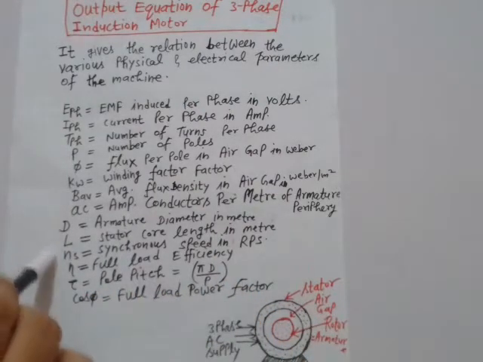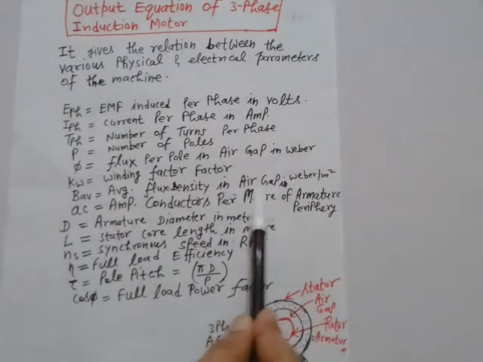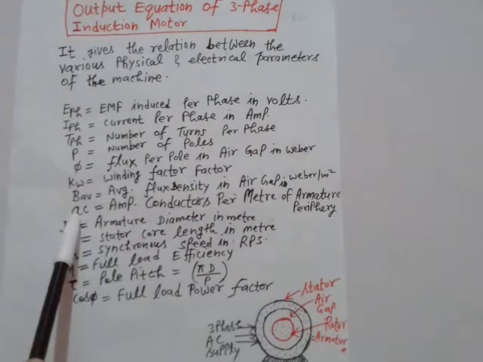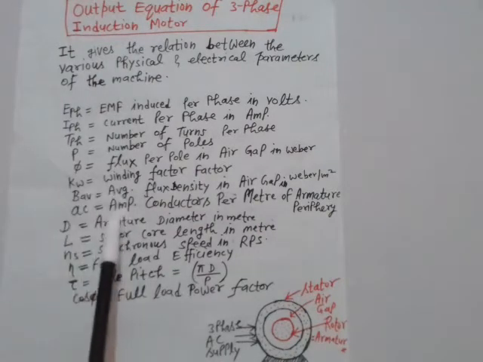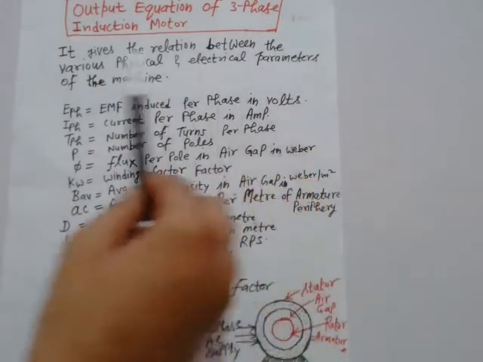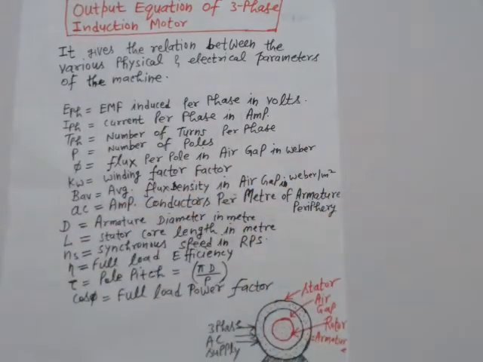Electrical parameters mean B average, the average flux density in air gap, and AC, ampere conductors per meter of armature periphery.